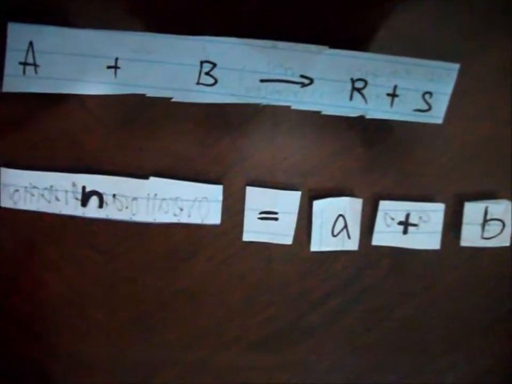Now that we have an idea of the overall order of reaction, let's get back to the question, where reactant A forms product R. We know that the order of reaction with respect to A is small a, and in this case that is equivalent to 1.